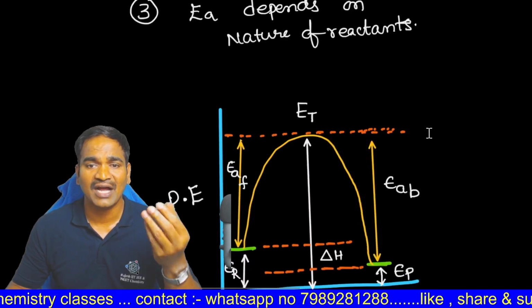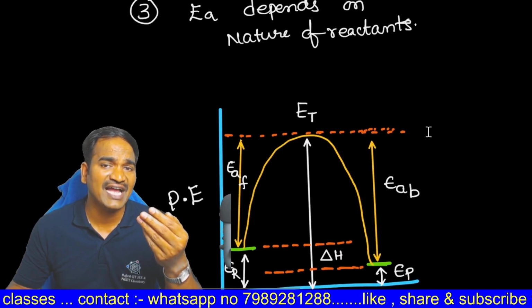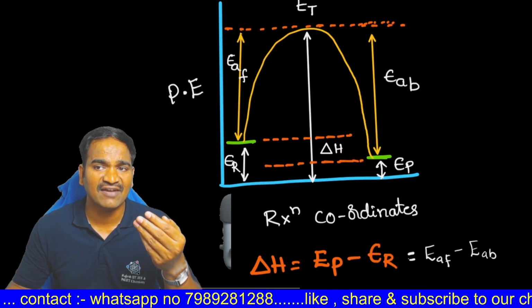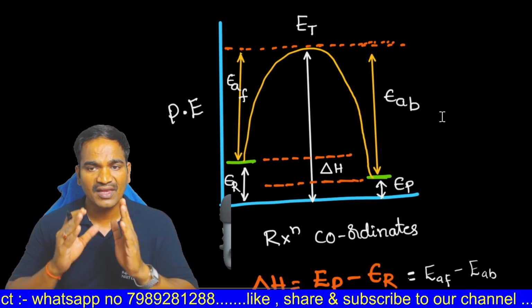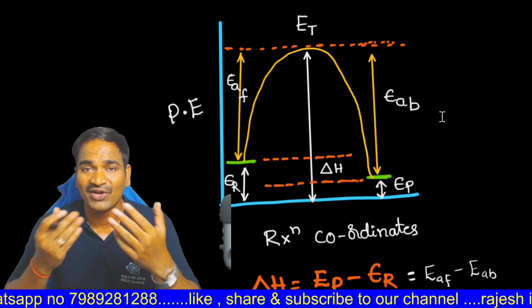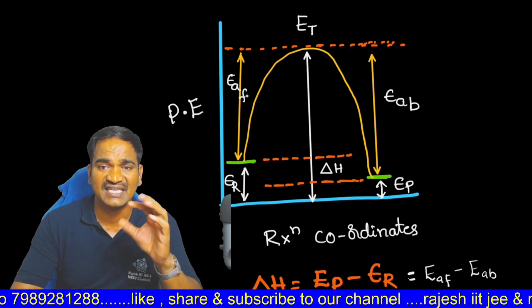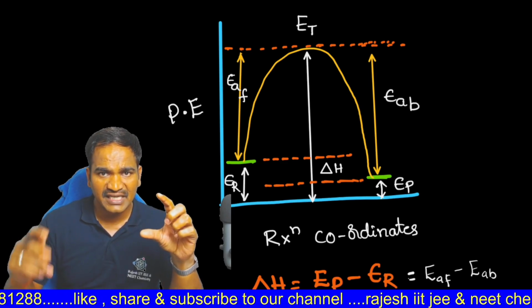Now I'm taking one more graph. I want to tell you which type of reaction the given one is. So I have taken this graph. You see this graph. They gave this graph. So what is this? Is it exothermic or endothermic? How can we calculate? Very simple. You see EAF is given and EAB is given. EAF, EAB.